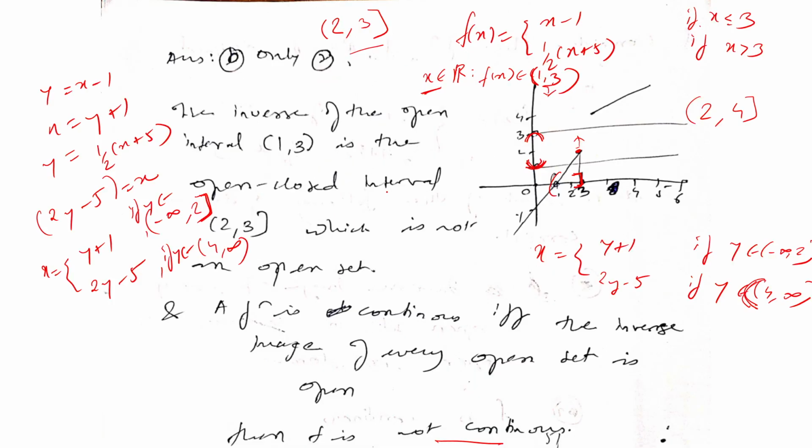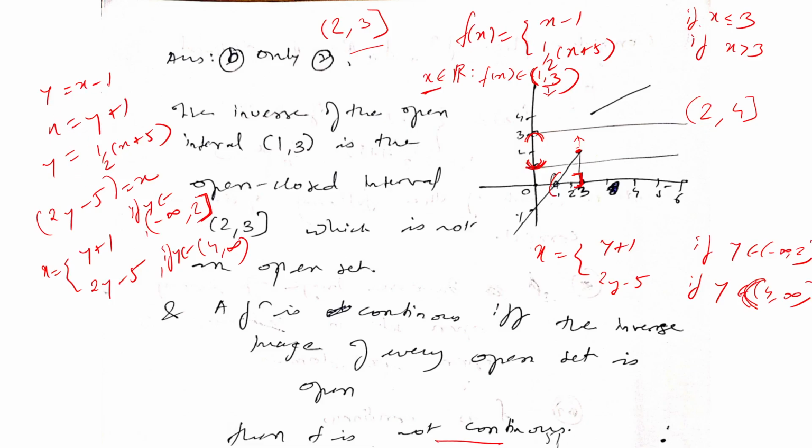Okay. So when we plot it, we got a function like this. So here we can see that f of x is what? X minus 1 if x is less than or equal to 3, and it is half times x plus 5 if x is greater than 3. Okay. So if you are taking its inverse function, how will we get it?